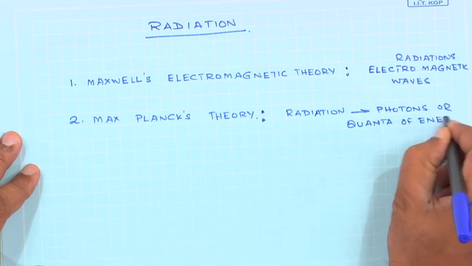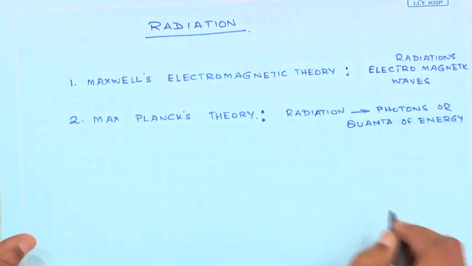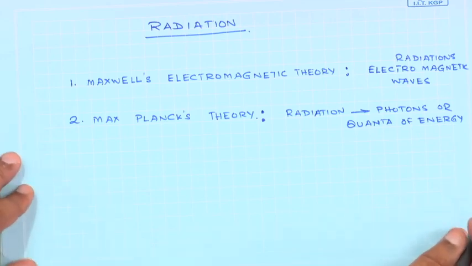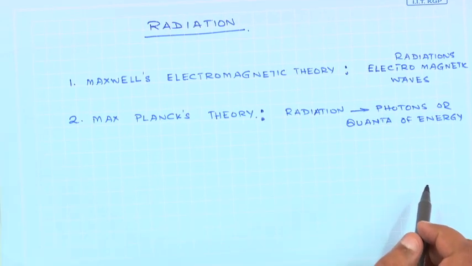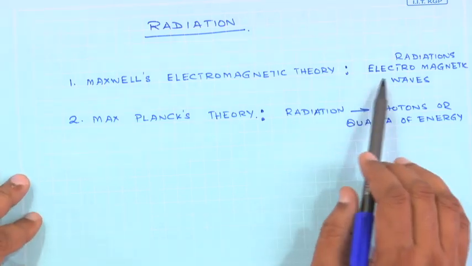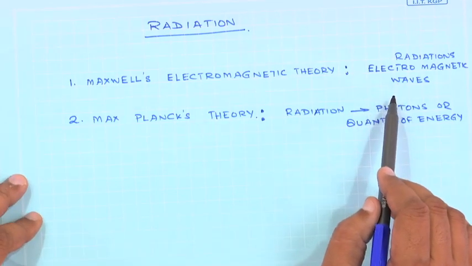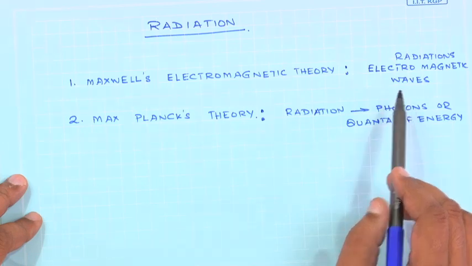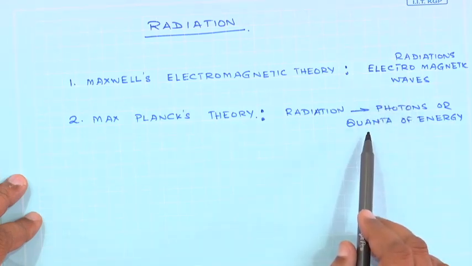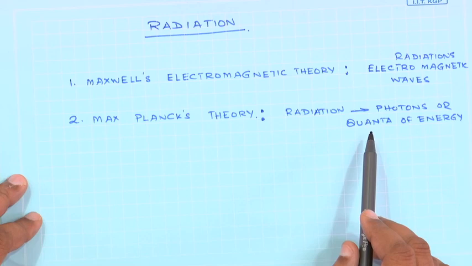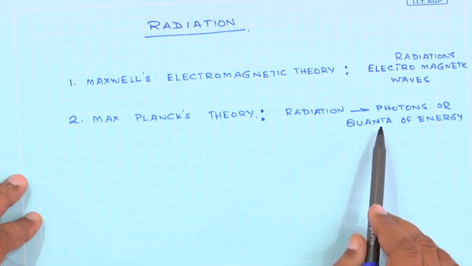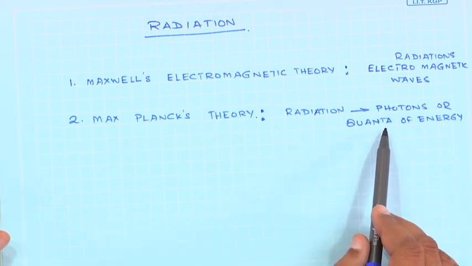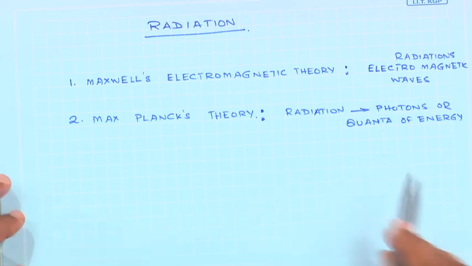So, both find their use. The results from the electromagnetic theory are used to predict the radiative properties of materials, while the results from Planck's concept are used to predict the magnitude of radiation energy emitted by a body at a given temperature.